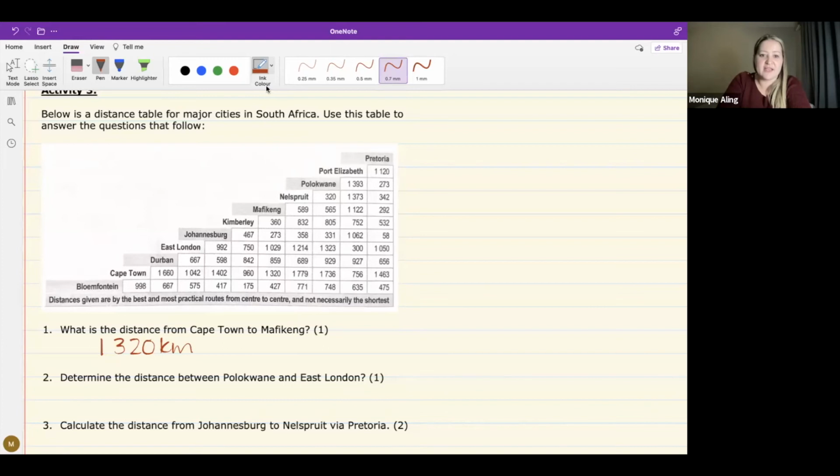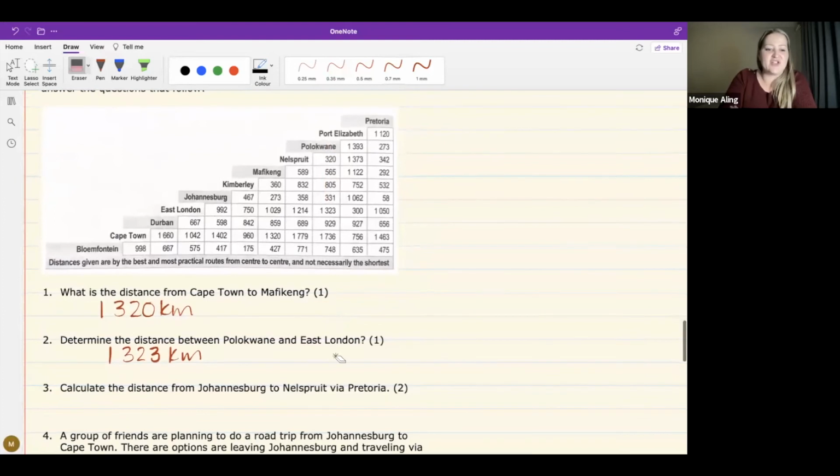Sonwabo, yes. Okay, so let's quickly just check. Polokwane is over here and East London. So East London, Polokwane, it is indeed 1,323 kilometers.